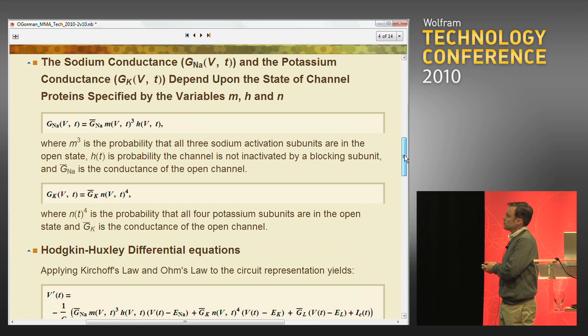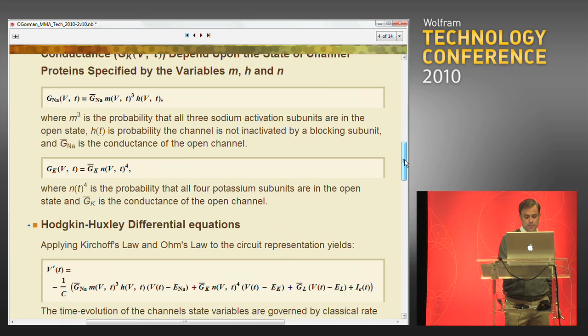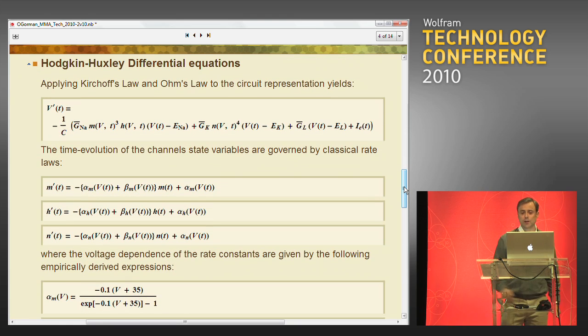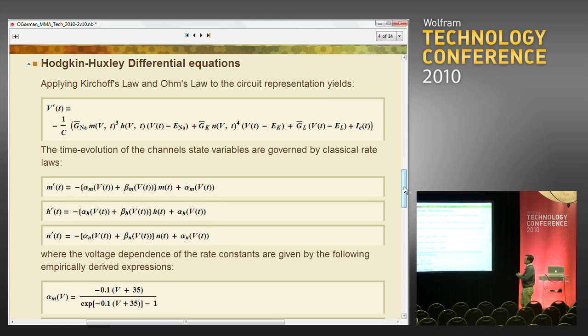Those are important variables in the Hodgkin-Huxley model. So if you apply Kirchhoff's law and Ohm's law to that circuit, you get this differential equation in terms of G's and these M, H, and N factors.